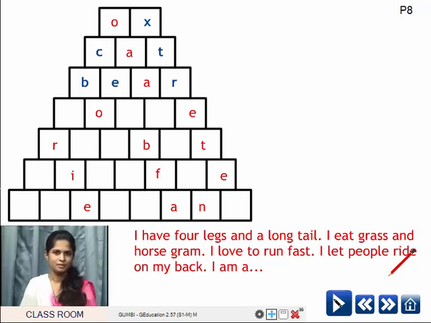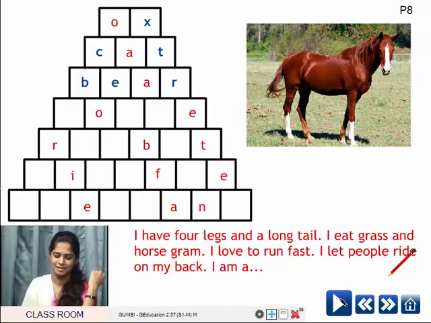Didn't get the answer. Okay, one more clue. The name of the animal lies in horse gram. What is it? Yes, of course, it's horse. What is the spelling of horse? Very good, students. H-O-R-S-E, horse.